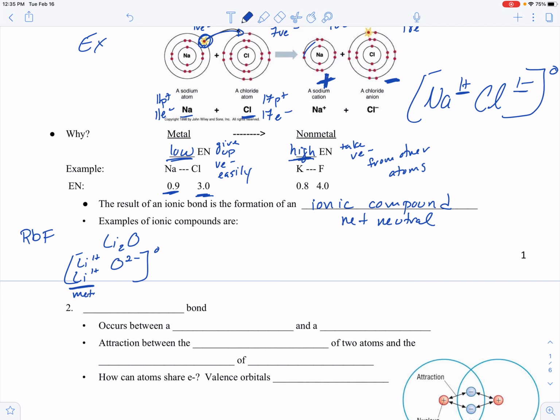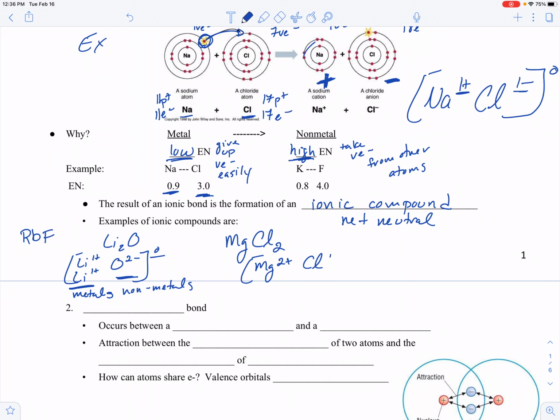So here are our metals, which are cations, and they are attracting our nonmetals until you form that net neutral compound. Another one is magnesium chloride. Similar idea, magnesium is a 2+ metal.